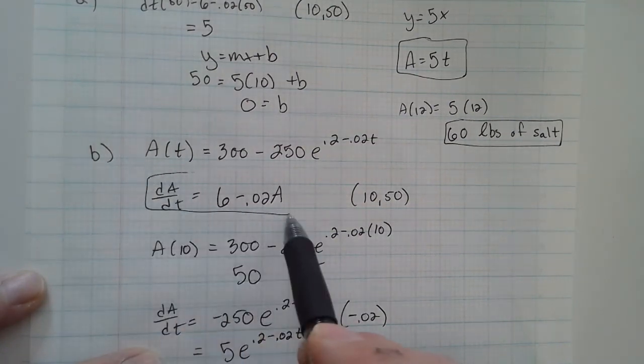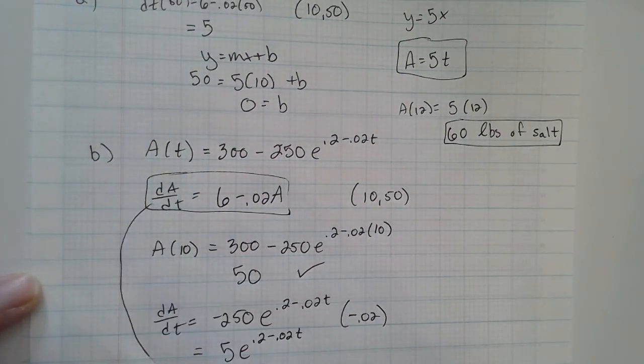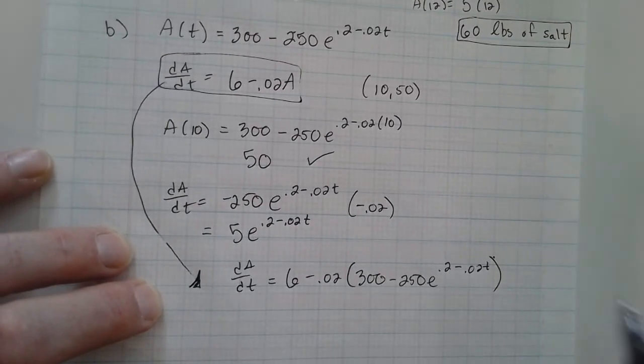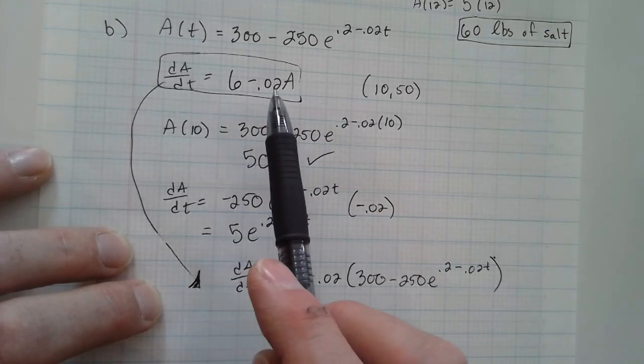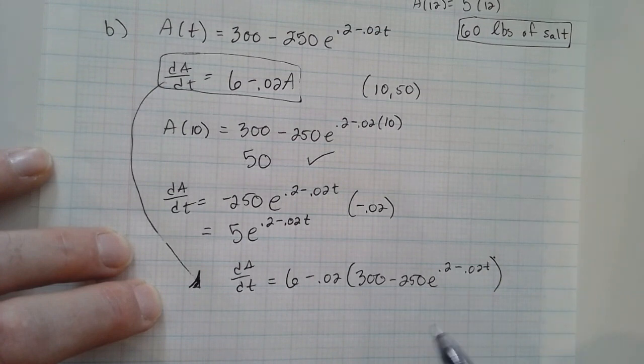We have this in terms of A. Let's see if we can get it in terms of t and see if they're the same thing. So dA dt equals 6 minus 0.02 times A, which we're seeing. So there it is in terms of A. We're going to plug our new A in there and see if it's the same thing.